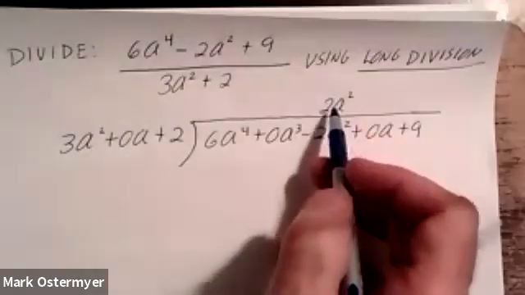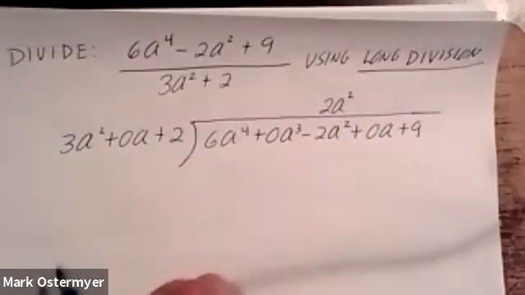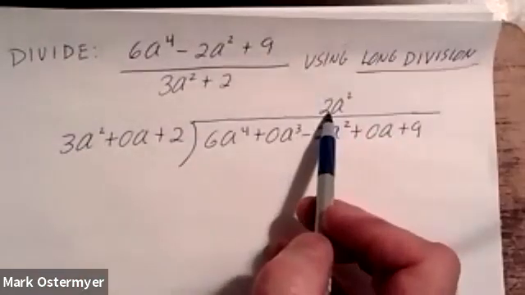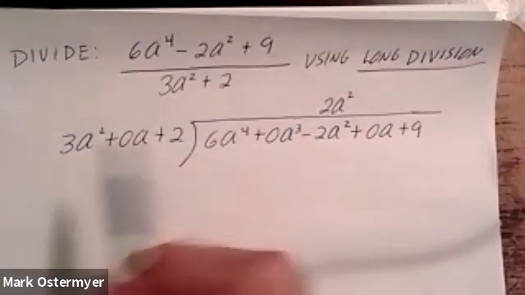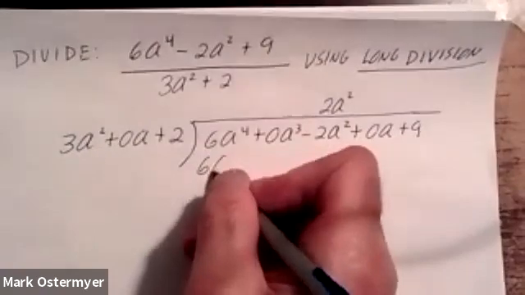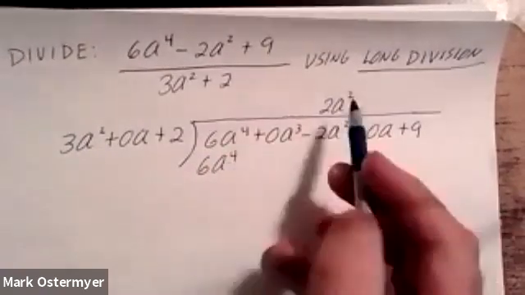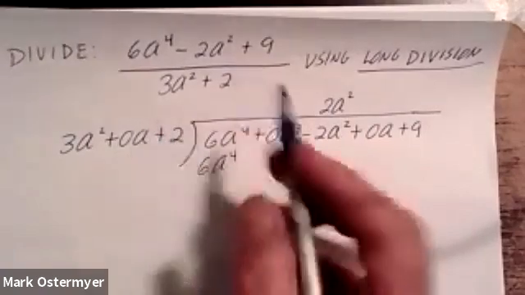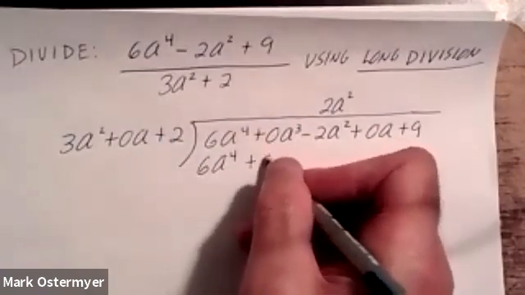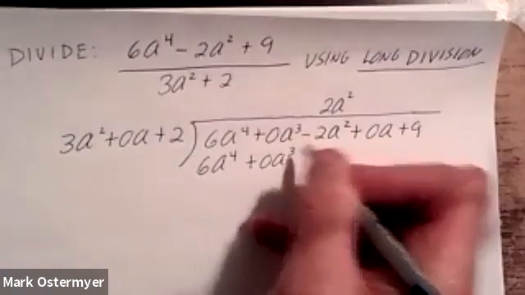We now take the 2a squared and multiply it by our divisor. What is 2a squared multiplied by the 3a squared over here? 6a to the 4th. What is 2a squared multiplied by 0a plus 0a cubed?